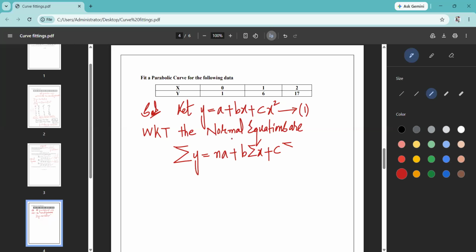And next, summation xy is equal to a summation x plus b summation x square plus c summation x cube.